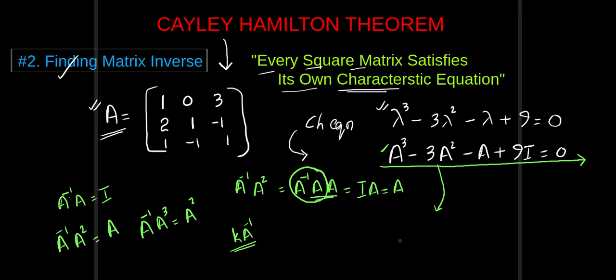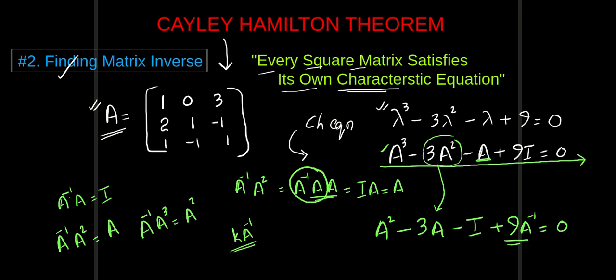Yeah, exactly. That is A square minus. Now what happens over here? Yeah, we get 3 into A minus, okay, this will get simplified and we get identity matrix. And the next one, 9 into A inverse into I, that will be 9A inverse is equal to 0.